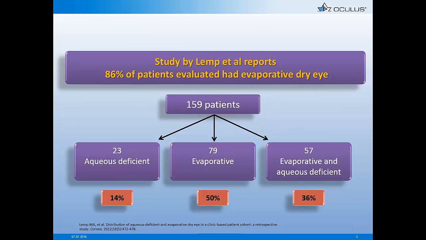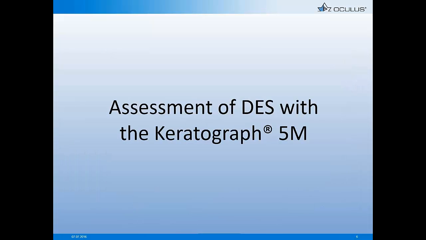And then 36% had some combination of evaporative and aqueous deficient. So it's really important to be able to measure tear film quantity as well as tear film quality to get an idea of what kind of dry eye this patient has, whether it's evaporative, whether it's aqueous deficient, or whether it's both.